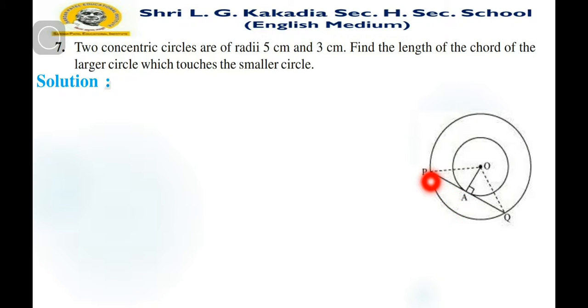So here we know that in any circle, if a perpendicular is drawn to a chord, then it divides the chord into two equal parts. So from the right angle triangle OAQ we can find AQ. After that we multiply by 2, then we can find PQ.